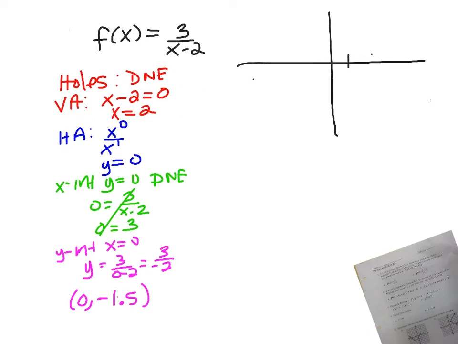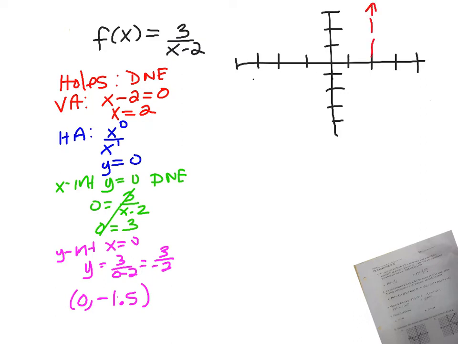All right, so we have 1, 2, 3, 4. Negative 1, negative 2, negative 3, negative 4. 1, 2, 3, negative 4. 1, 2, 3. All right, so let's draw a vertical asymptote as x equals 2.